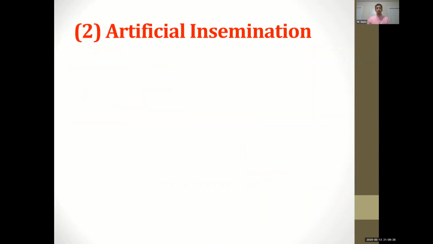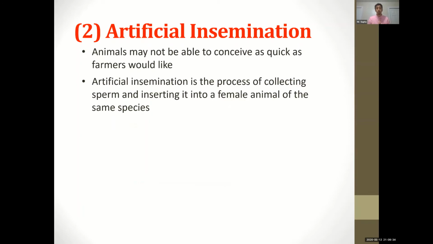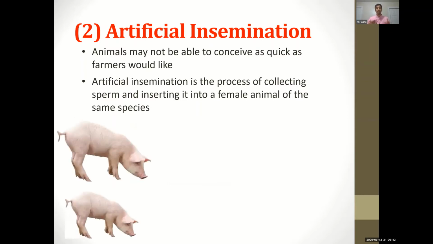Next, artificial insemination. So animals may not be able to conceive as quick as farmers would like. Therefore, artificial insemination is the process of collecting sperm and inserting it into a female animal of the same species. So once again, these are the 2 pigs that we chose in the previous slide, the 2 big pigs.